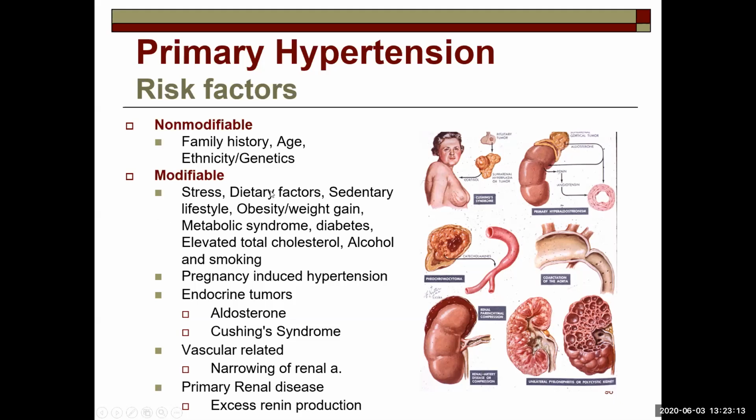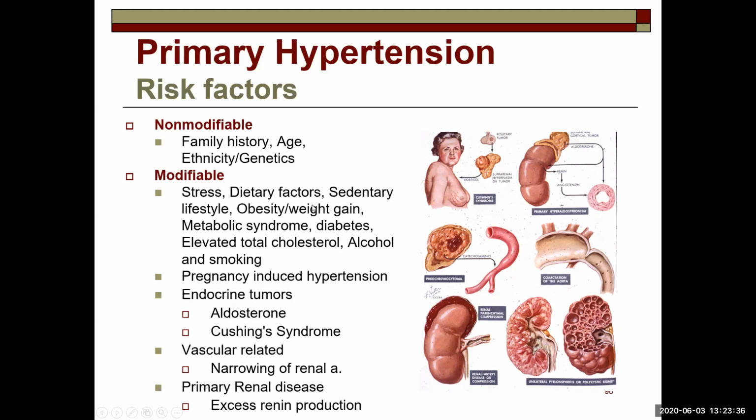We can blame it on family history, age, ethnicity and genetics. We can say stress does that, that's why you have hypertension. Now, we're all stressed out, aren't we? So it doesn't mean that because you're stressed out, that's why you have hypertension. But it does contribute to hypertension.